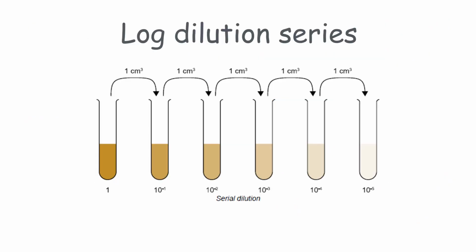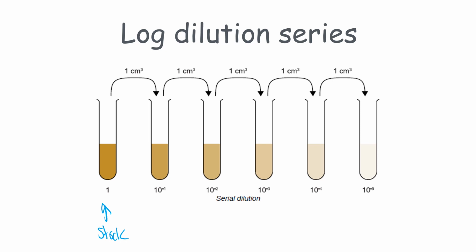Right, our second type of dilution is called a log dilution. In a log dilution, we start with one stock solution. But what we do is we dilute it to make a new solution, and then we dilute again and again and again. So each solution is going to be usually 10 times less concentrated than the one before it.